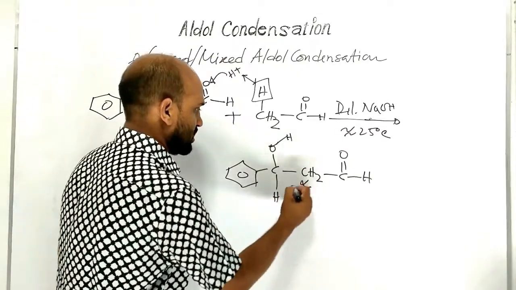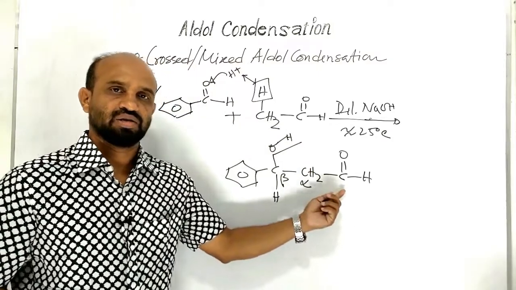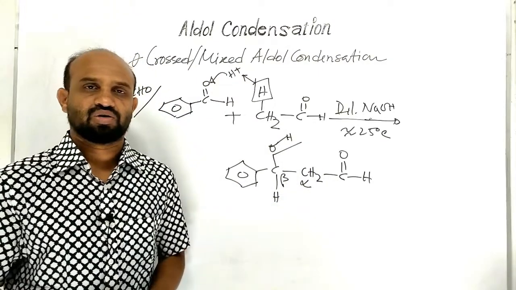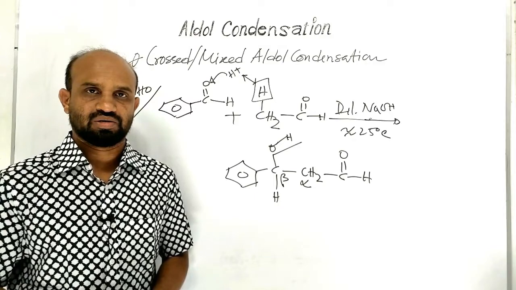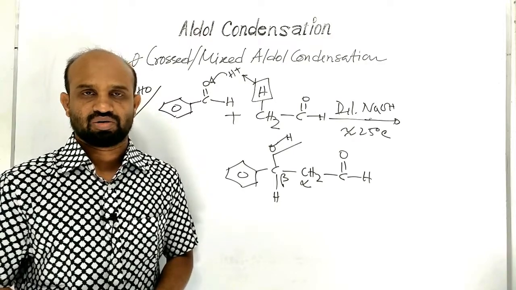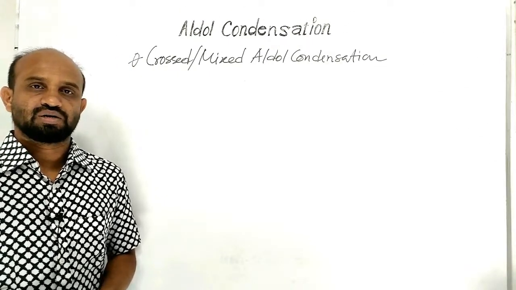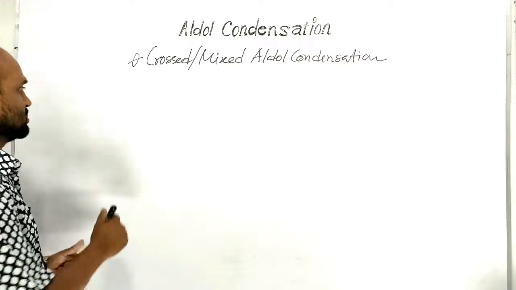This is alpha, this is beta, beta hydroxyaldehyde. It's a kind of cross or mixed aldol condensation. Let's see another example of crossed aldol condensation. Now benzaldehyde and ketone are taken.